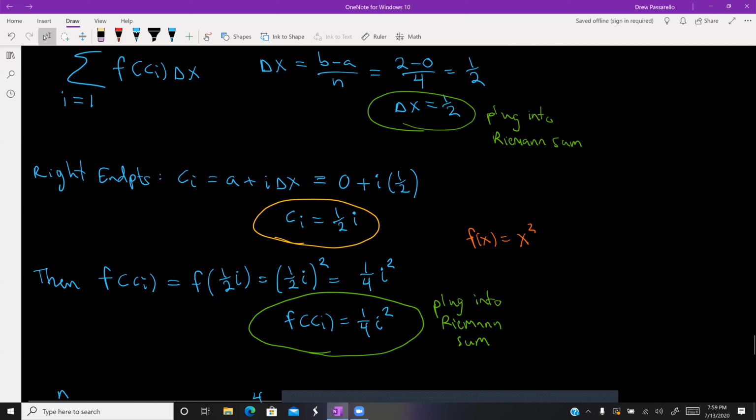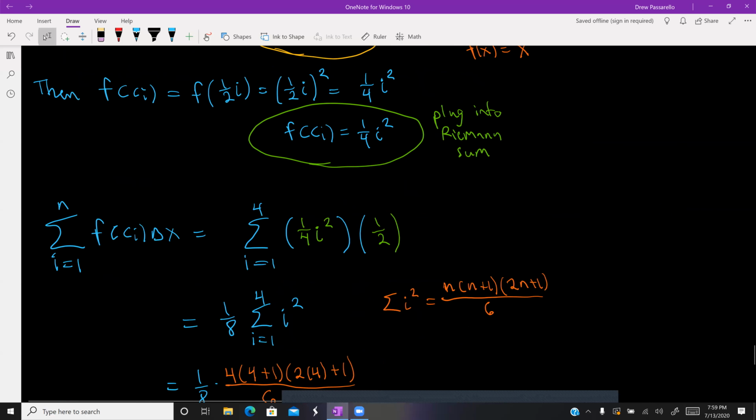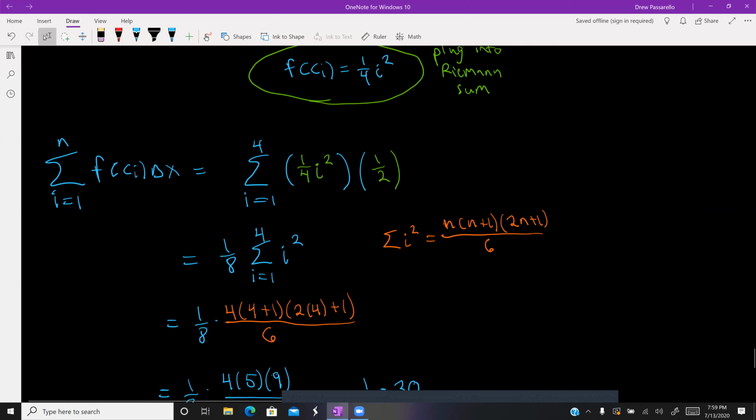The width of the rectangles is delta x equals a half. So that's what I did here. I plugged those in to the corresponding spots, and that gave me 1/4 i squared, that's the f of ci part, and then times 1/2, that's the delta x part. And then we simplify this, and I'm going to be using those summation formulas.